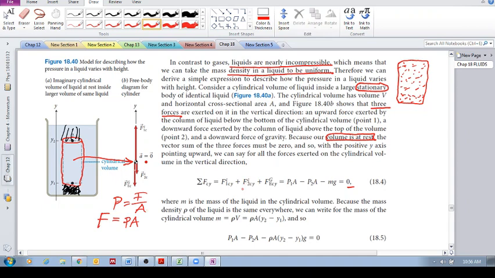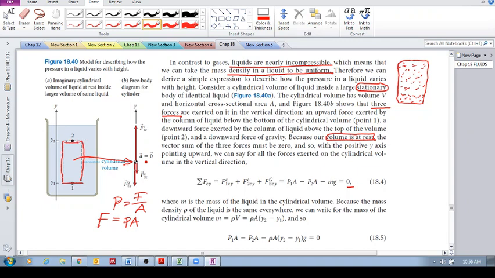That's the basic idea. So this force 1c acting up is equal to the pressure at point 1 multiplied by that surface area. So P1, the pressure at 1 times A, and we take up as positive, then minus P2, the pressure at point 2, multiplied by the same area.